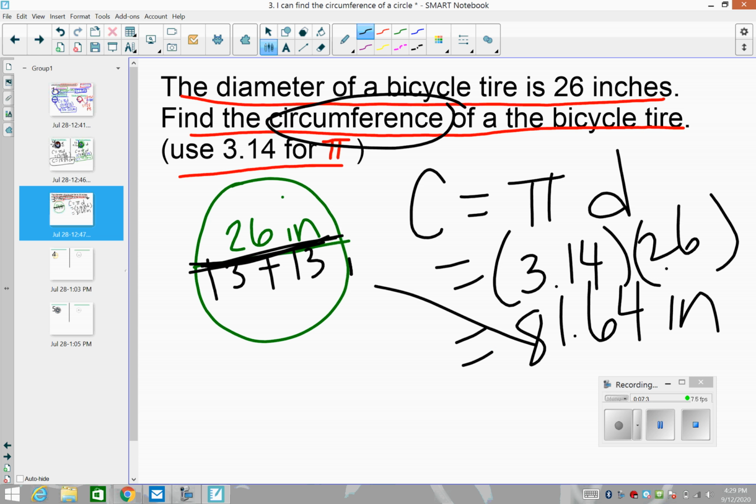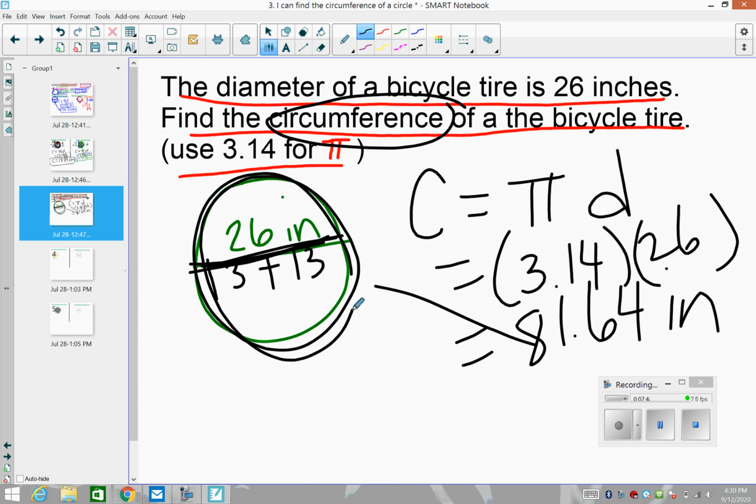That is the distance around that bike tire. So when we do one complete rotation on a bike tire, we will have traveled 81.64 inches.